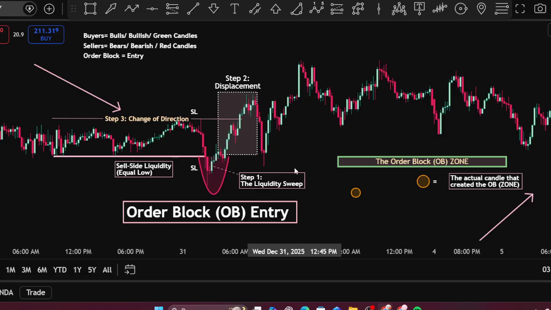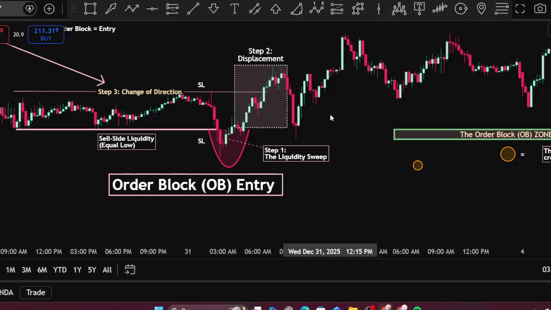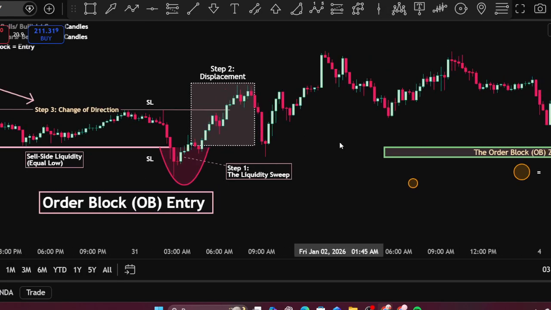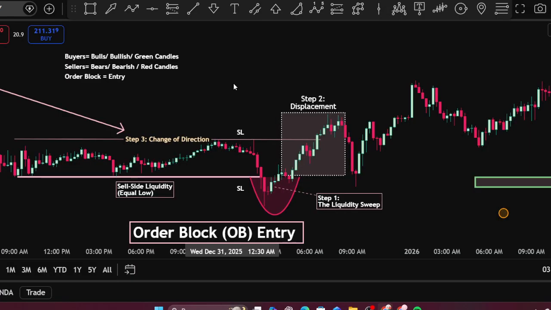Alright. So after my displacement, that's where I'm really looking. I'm looking for the opposite candle of the strong displacement. The most simple form is red or green. Remember, red candle, sellers; green, buyers. So because we have more green candles or buyers, what's the opposite of that? The red or bearish candles.